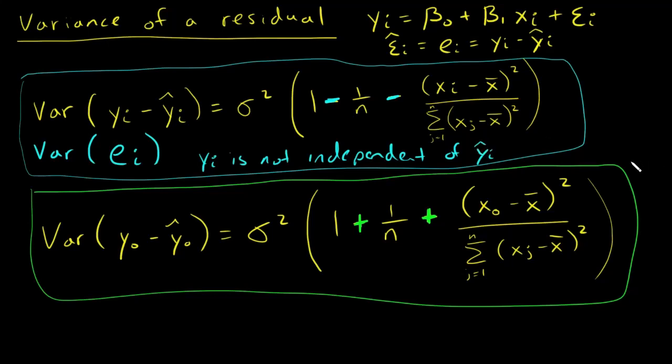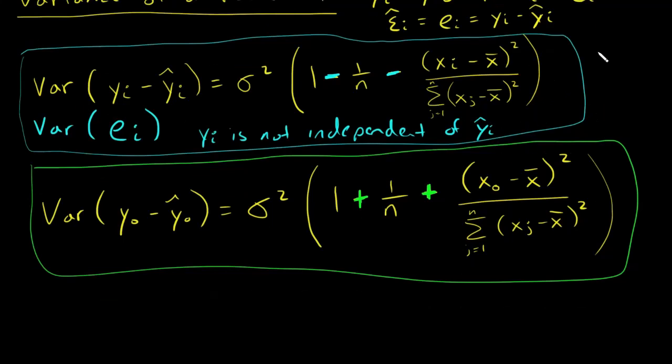If you go back to how you calculate yi hat, which is b naught plus b1 xi, when you're calculating these b's, you're going to need to plug in your yi data, for i equals 1 to n.